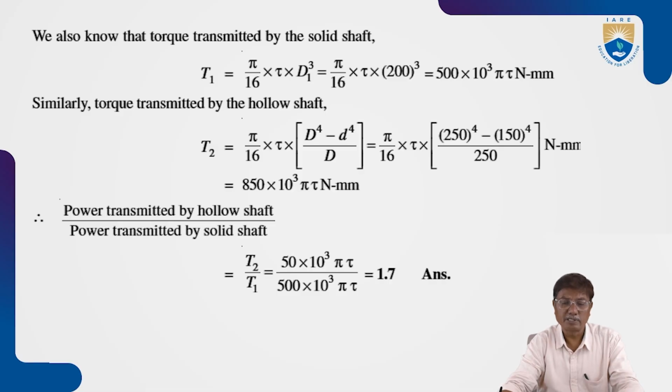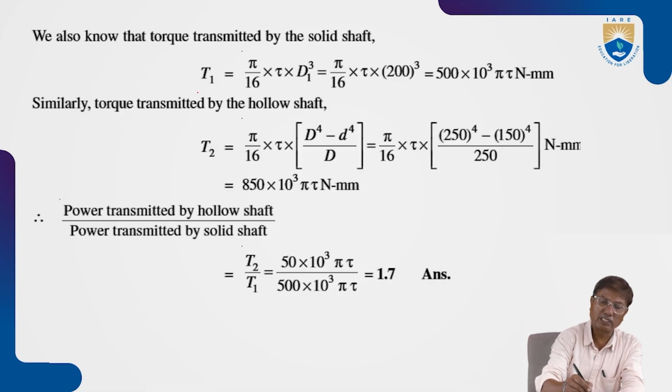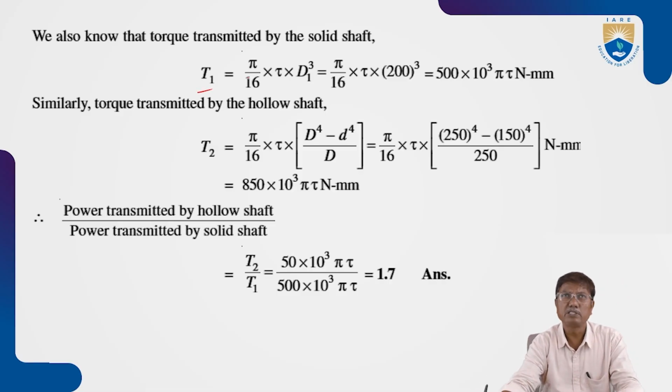And the torque transmitted by the solid shaft, let T1 be the torque, which is given as pi by 16 D1 cube into tau. Tau is the shear stress, multiplied by the section modulus.